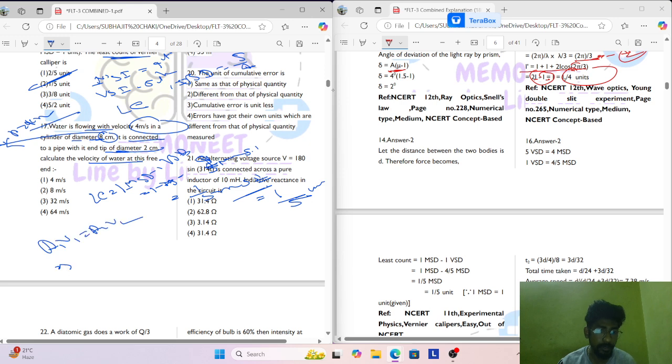That means 4 square means 16, 16 into 4. Okay. A2 will be what? V2 calculate.